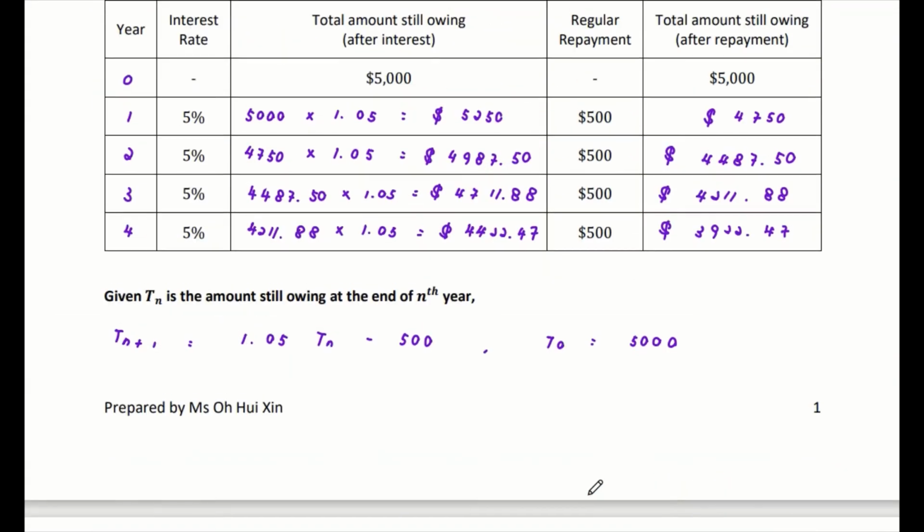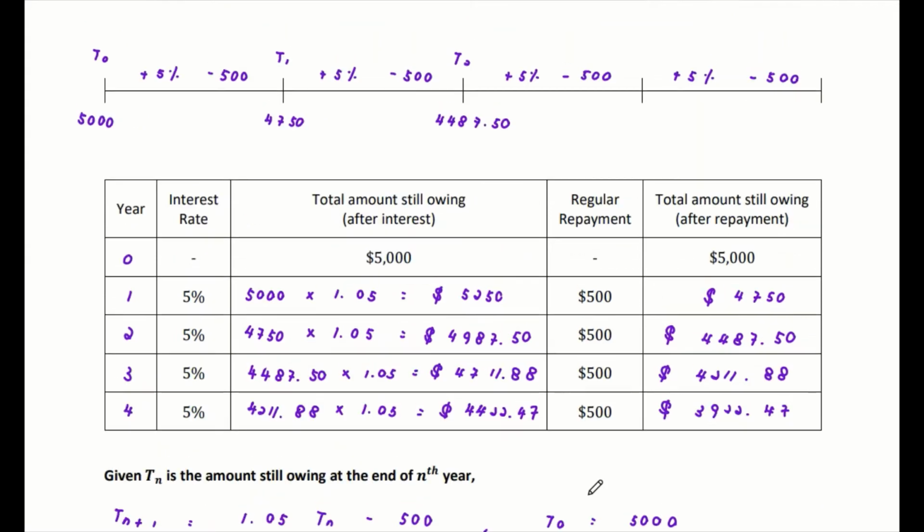So, okay, let's go back to this table maybe. You can see that in this case, you are repaying $500. But is this $500 going to be deducted from your 5,000? The answer is no, right? Because out of the $500, 250 is actually to pay for the interest. Then after that, only 250 is the one that you are paying for your loan.